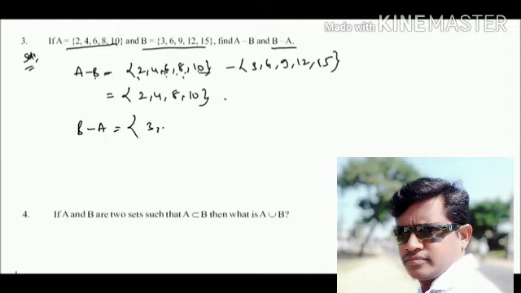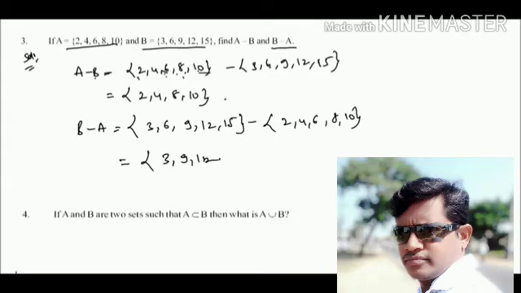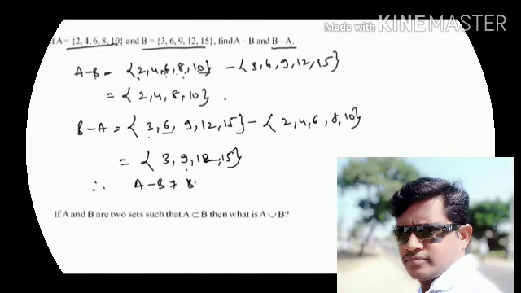B is {3, 6, 9, 12, 15} minus A, {2, 4, 6, 8, 10}. The answer will come 3, 9, 12, 15. Without 6, because 6 is in both sets, we remove it and the remaining set will come like this. Therefore A minus B is not equal to B minus A here.